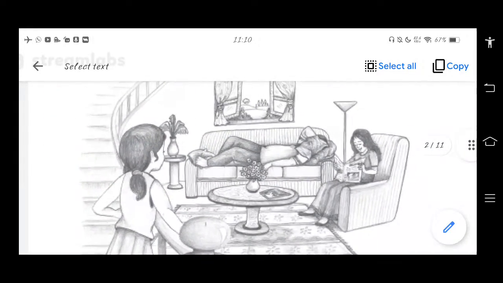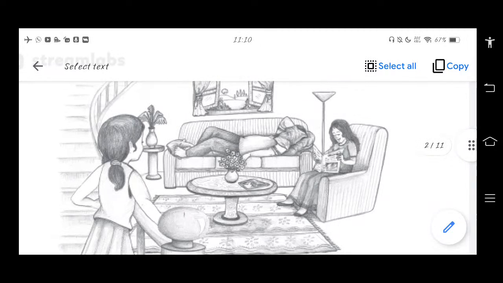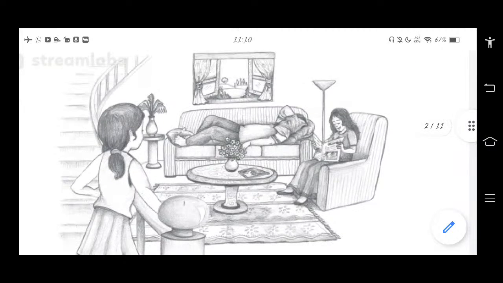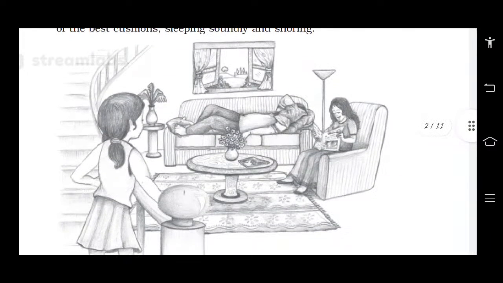See this picture. The picture itself tells what I said. When the girl comes, she finds her mother reading, and her father sleeping with a kerchief covering his face, and he puts one of his legs on the best cushions.